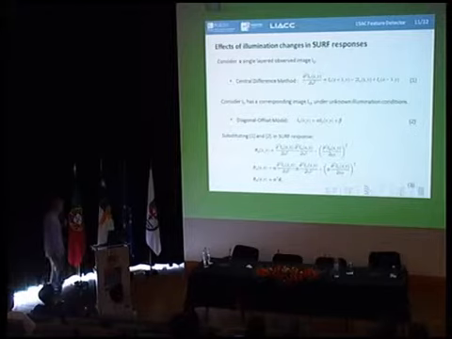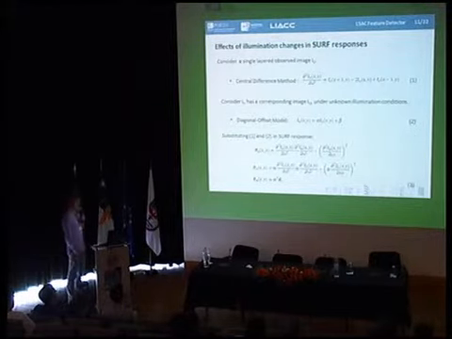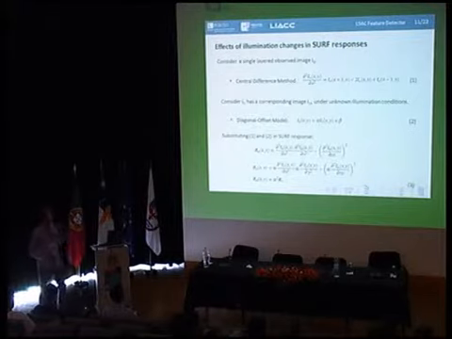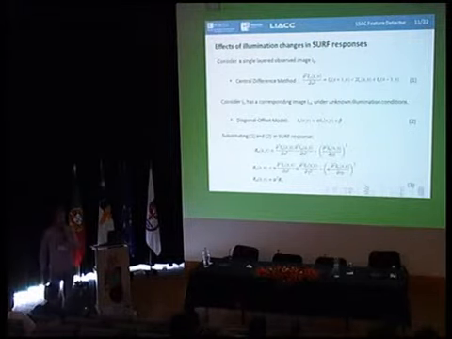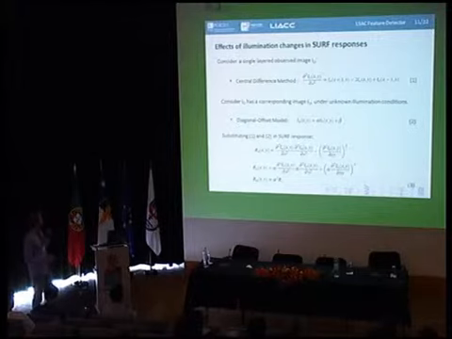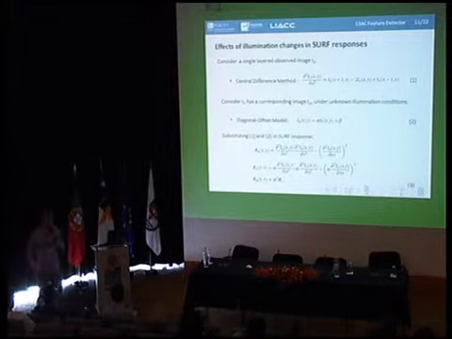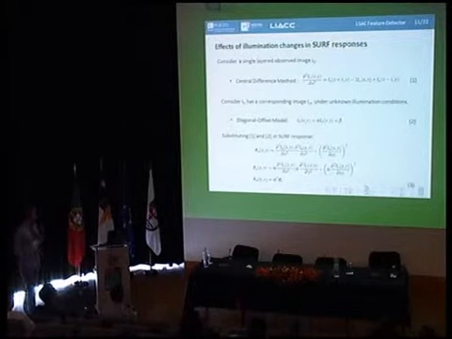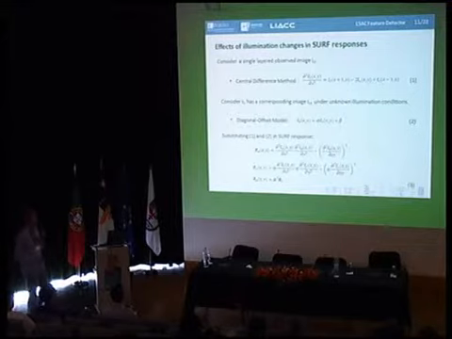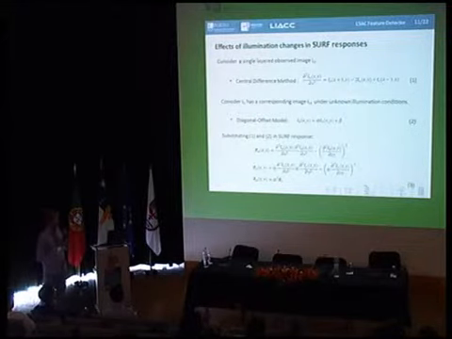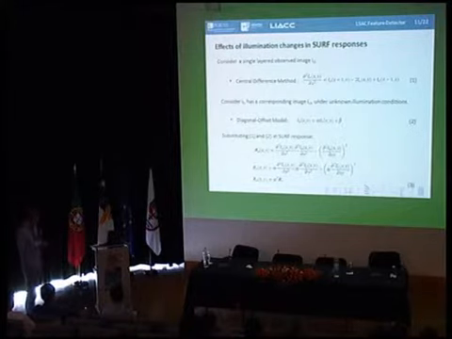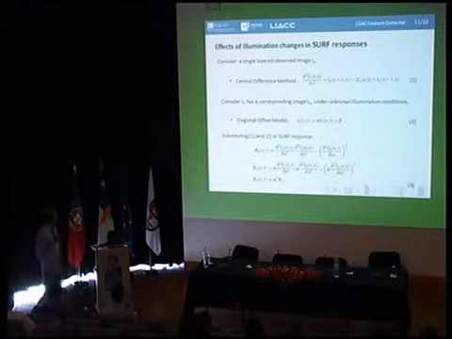So here, we decided to verify the effects of illumination change on SURF responses. For that, we considered a single-layered observed image, IO, and using the central difference method, we approximated the computation of the second-order derivative through a sum of the intensity of the pixels.